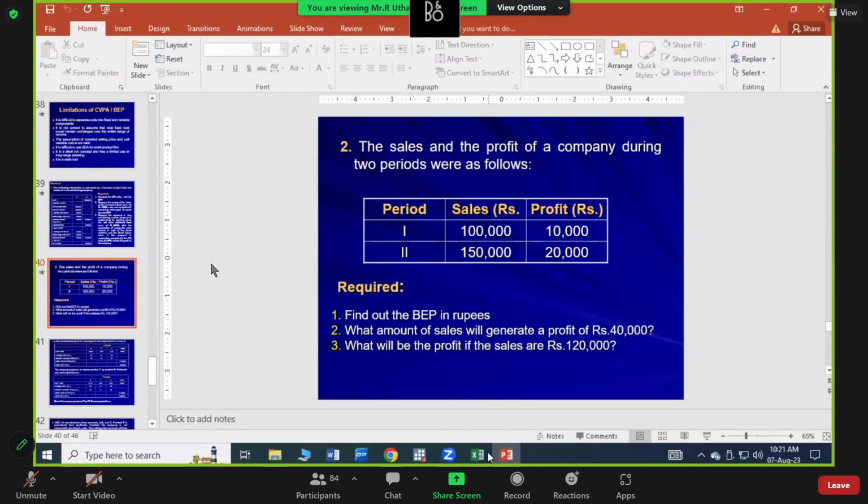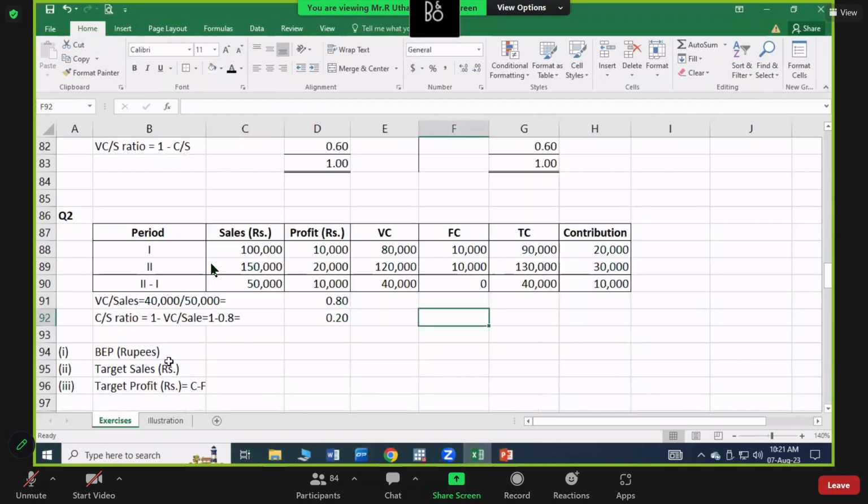Find out the break-even point in rupees. So break-even point in rupees is the fixed cost over the CS ratio. So if you want, you can write fixed cost over CS ratio.